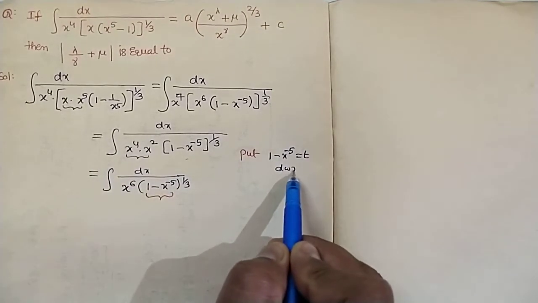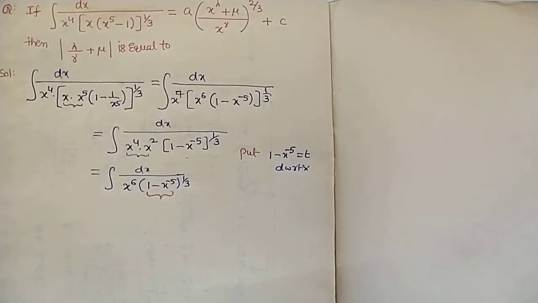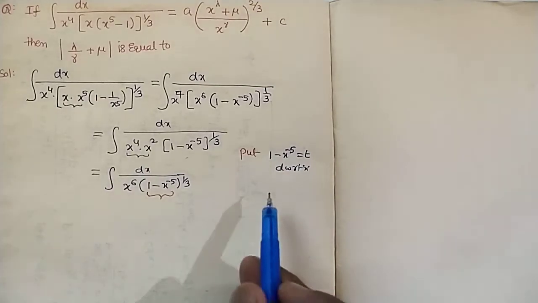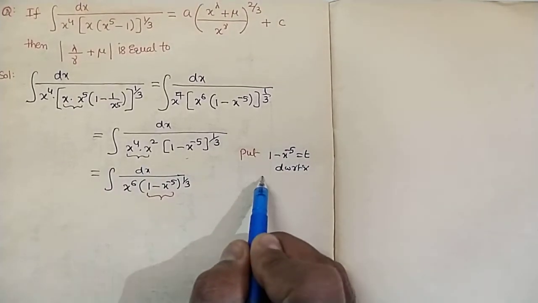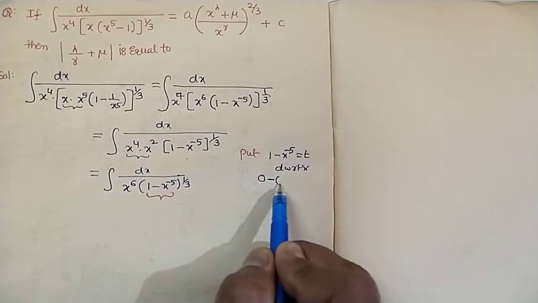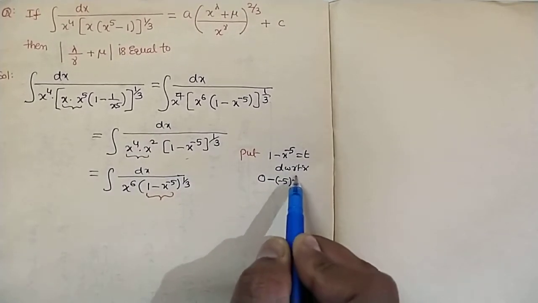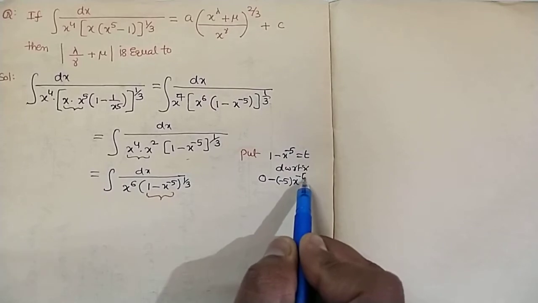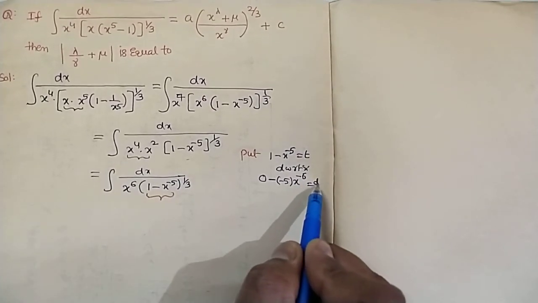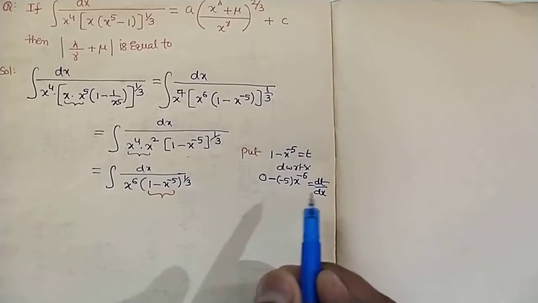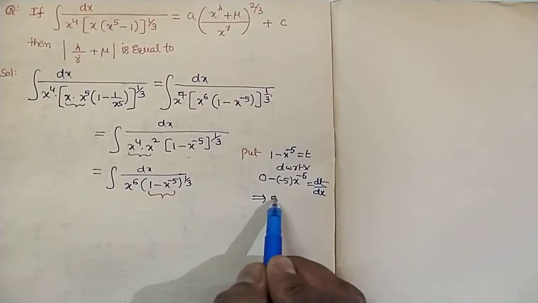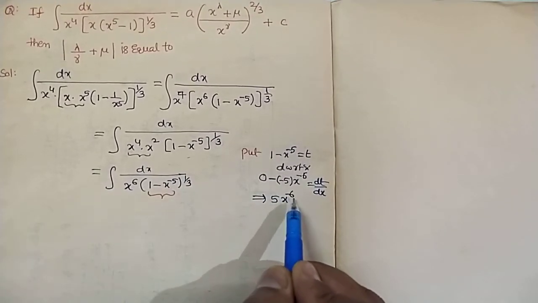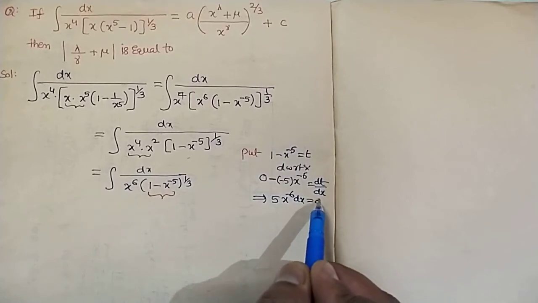Differentiate with respect to x. The derivative of the constant is 0, and minus 5 into x power minus 5 minus 1, that is minus 6, so dt by dx equals 5 x power minus 6. Cross multiply: 5x power minus 6 into dx is equal to dt.